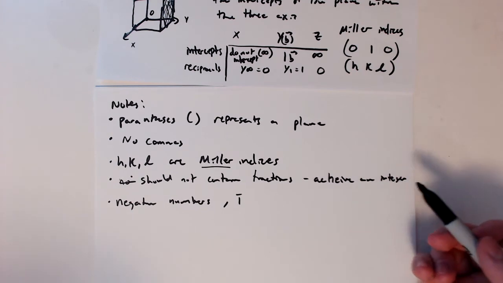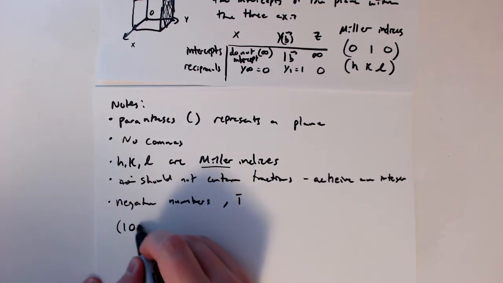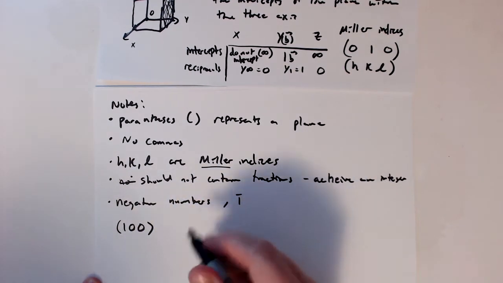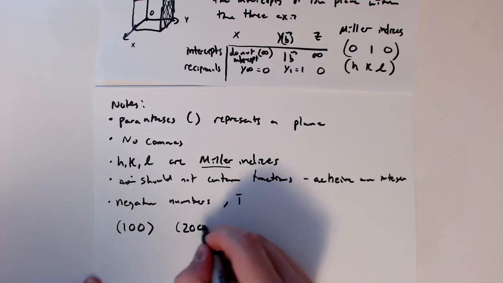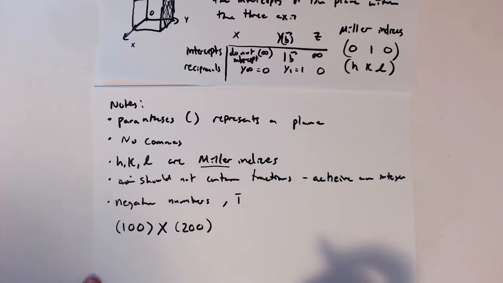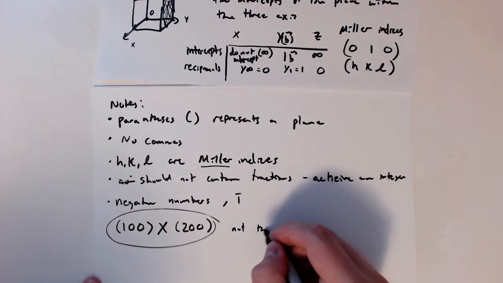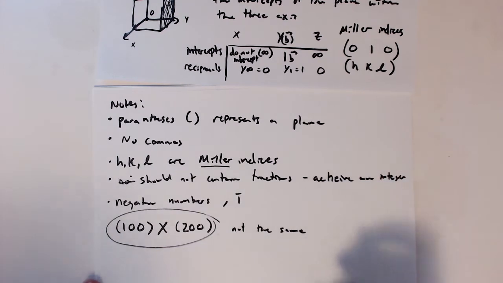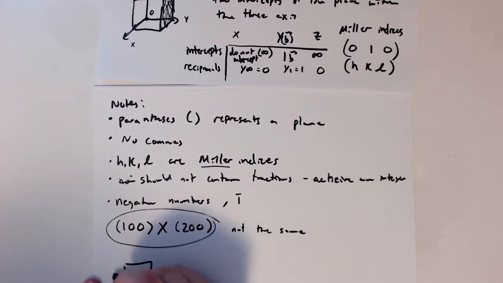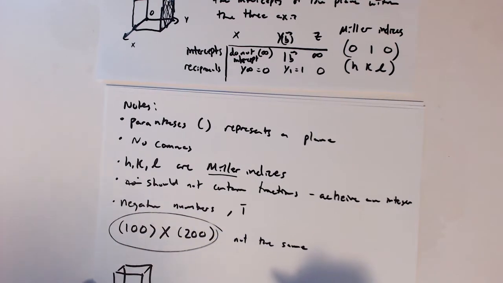But in planes, if I have a plane that is 1, 0, 0, it has those Miller indices, and I compare that to a 2, 0, 0, they are not necessarily the same thing. So these two are not the same. So let me draw you and hopefully prove to you that that's the case.